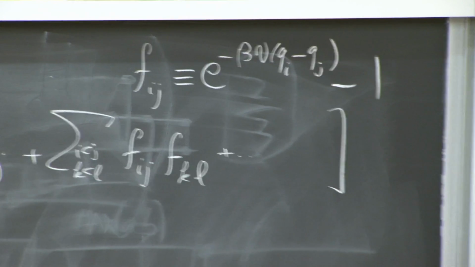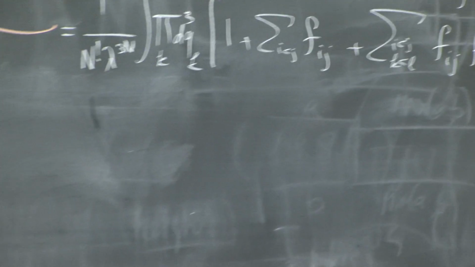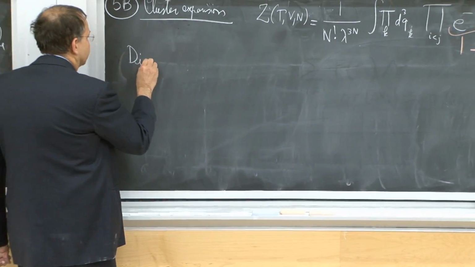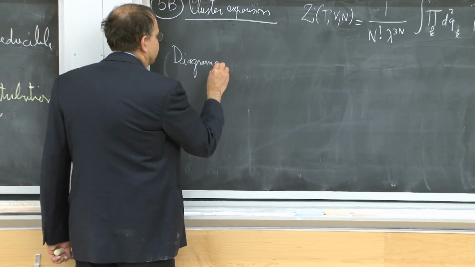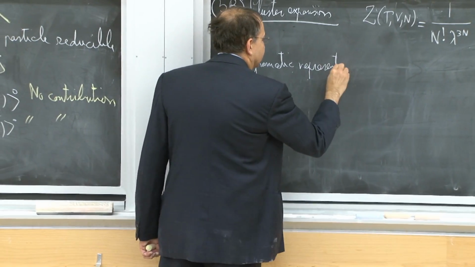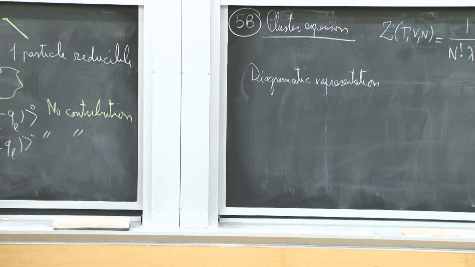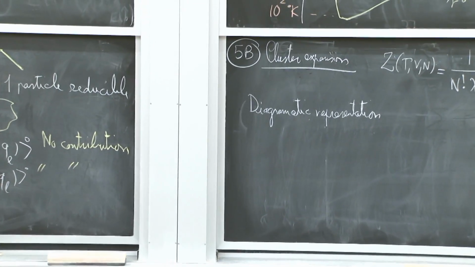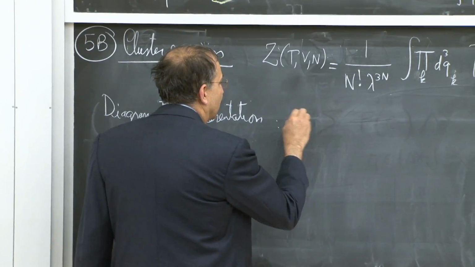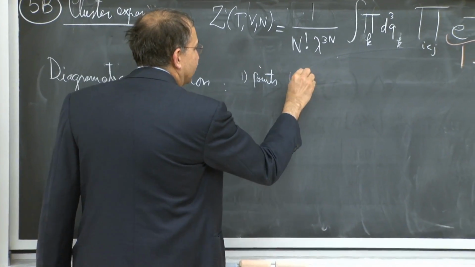Now, what I will do is to represent the various terms that I generate in this series diagrammatically. So first of all, I have to integrate over n points. So I put points 1 through n.